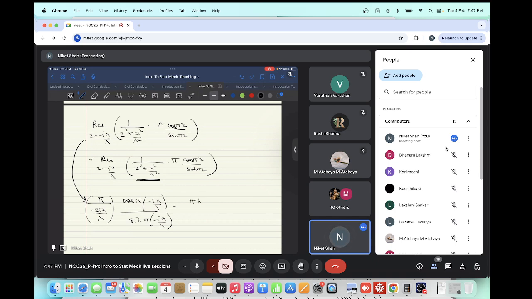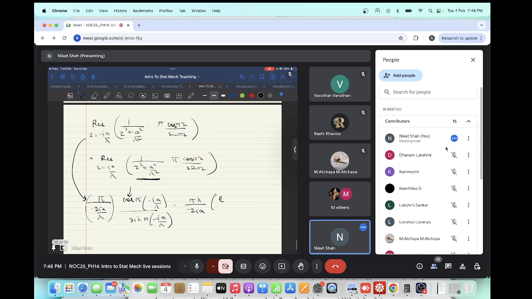Pi lambda divided by minus 2 I a. Cos pi times minus I a by lambda, I'll simply write cos as e raised to power. So cos x is e raised to power ix plus e raised to power minus ix, by 2.